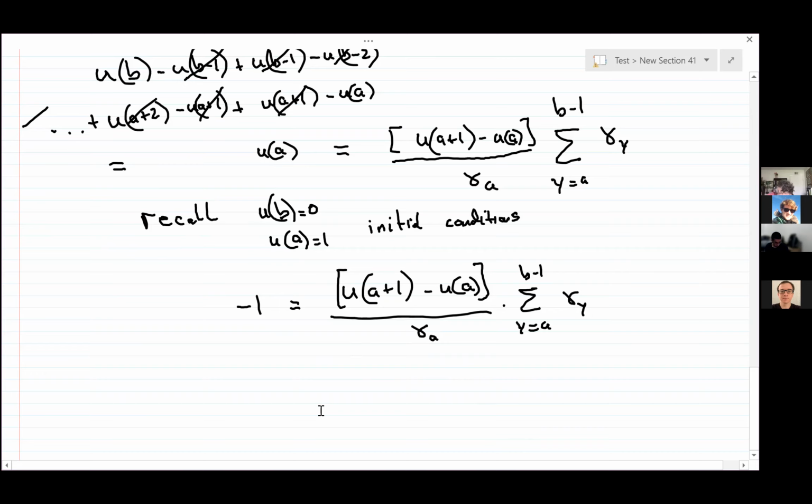Well, if we multiply through by -1, this becomes 1. And this guy just becomes UA minus UA plus 1, because you're multiplying by -1. And the rest is the same.